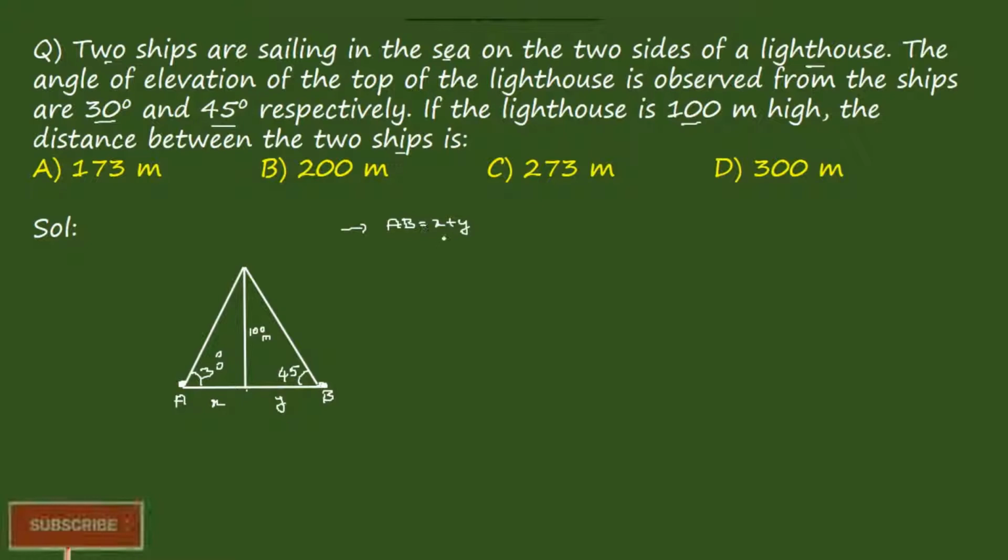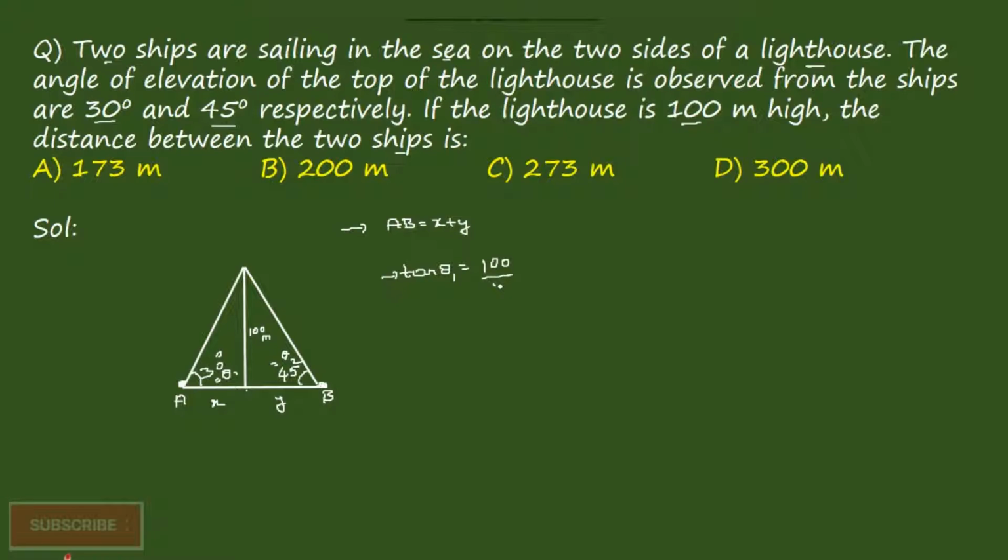You have to find the value of X and the value of Y. Now we have a trigonometry, right? So tan theta, if you consider this one as theta 1 and this as theta 2, then tan theta 1 is equal to perpendicular by base, which is equal to 100 by x.